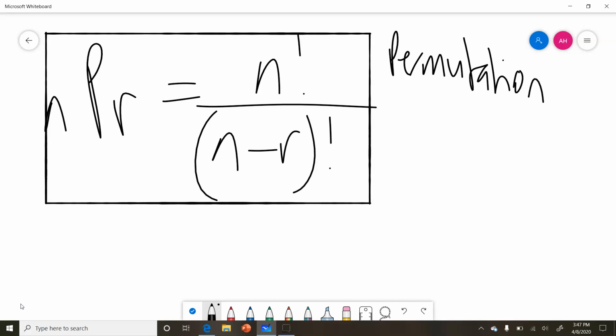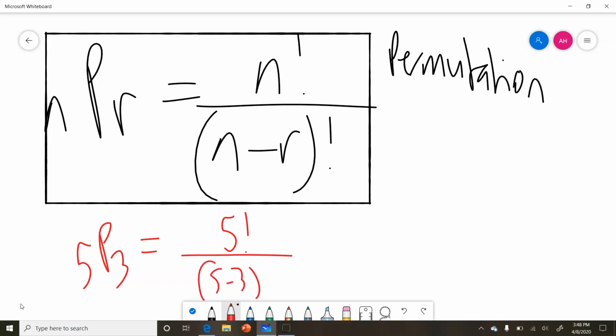Now I'm going to do one more, and then I'm going to do the beginning of our next lesson. Okay, so let's say that we had 5P3. What I'm going to do there is it's going to be 5 factorial over 5 minus 3 factorial, which is 5 factorial over 2 factorial.